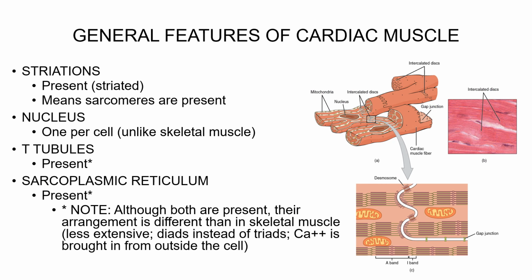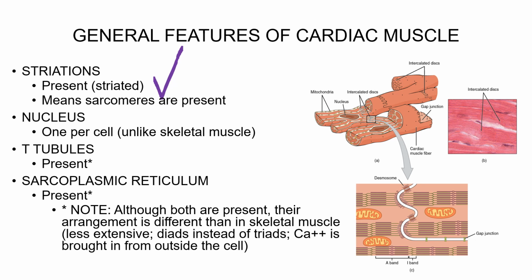So a big difference between skeletal and cardiac muscle under the microscope is skeletal just seems a lot more organized. It's a lot more neat. Cardiac has a lot more branching going on. But similar to the skeletal muscle, we do have striations. We do have those stripes, that light, dark, light, dark, alternating protein appearance.